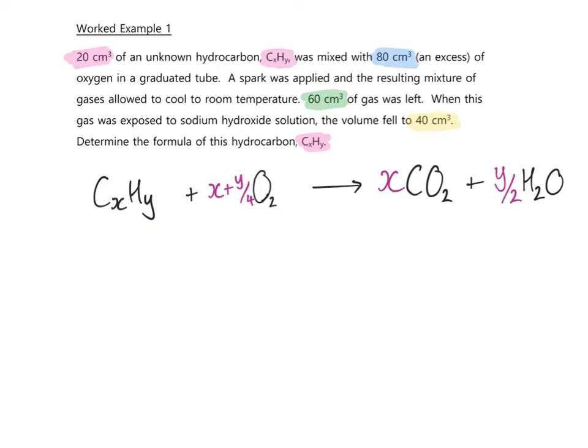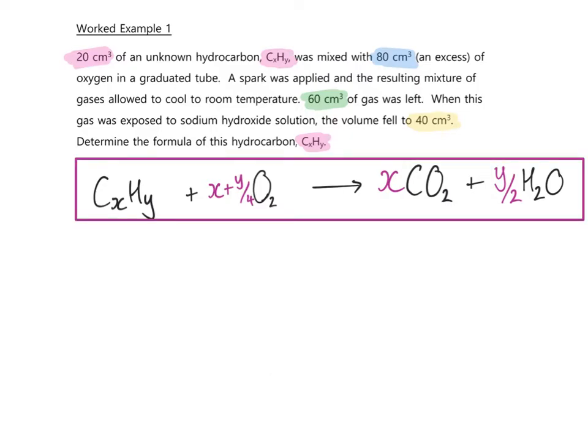I would say just learn this general balanced symbol equation because that's what you're going to need for all of these types of questions. So maybe put a box around it in your notes, put a big star at it, and learn this general balanced symbol equation for the general combustion of a hydrocarbon.